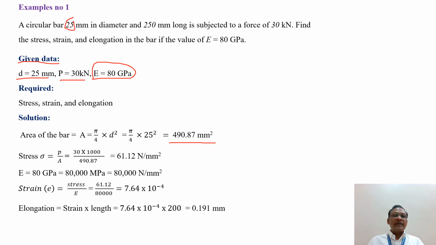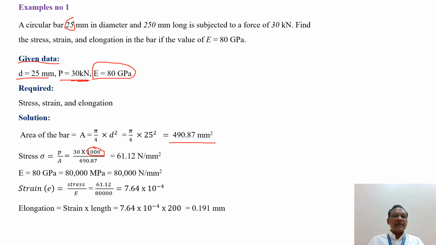Then we know that stress is nothing but P upon A. The P value is given as 30 into 1000. Why is this 1000 multiplied to the 30? Because 30 is expressed in kilonewton here, so you convert this 30 into Newton. So we get the stress is equal to 61.12 Newton per mm square.